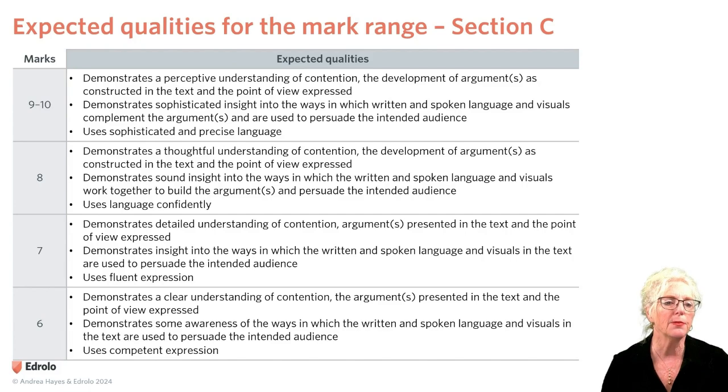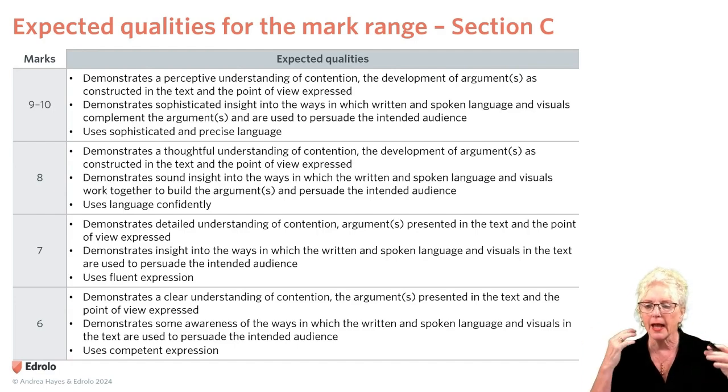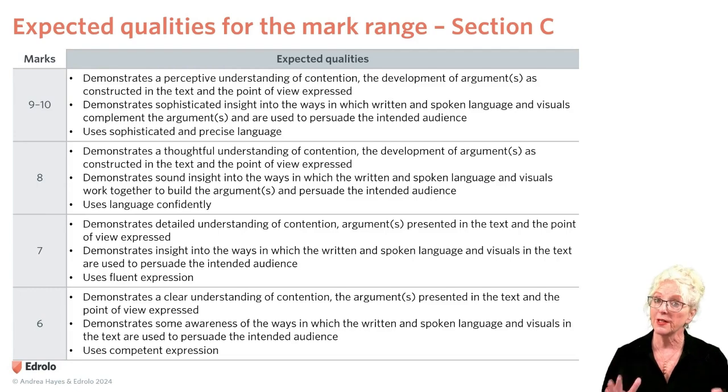It will be marked by 2 assessors, and if there is more than a 10% gap, then it gets marked by a 3rd assessor, and so on. It can be marked up to 5 times. So when you're an assessor, you are expected to know these qualities. This is what you look for.